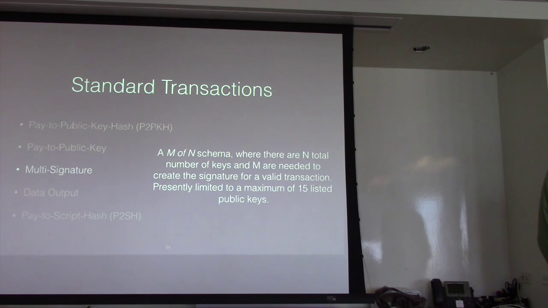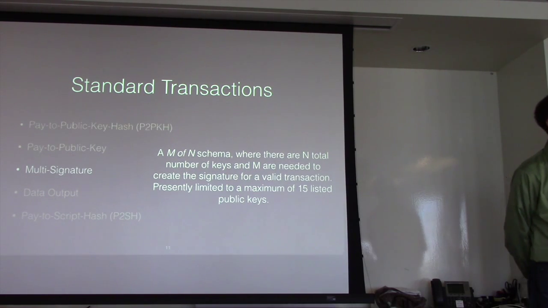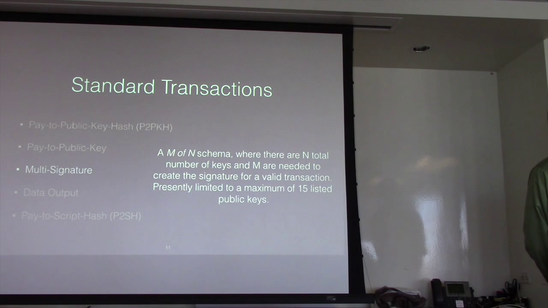Among other things, you're not limited to 15. In this one, they all have to be presented in order, which is kind of a privacy issue. With this version, you kind of know who signed it.